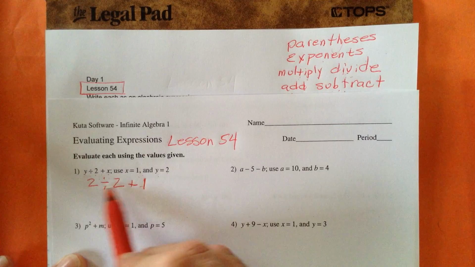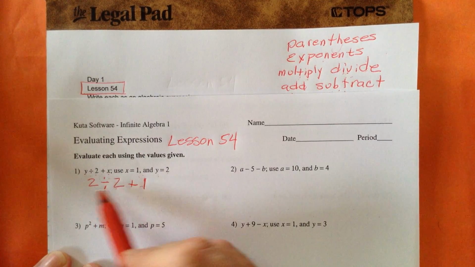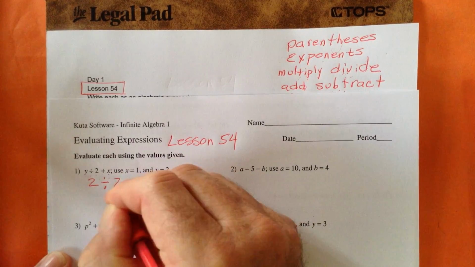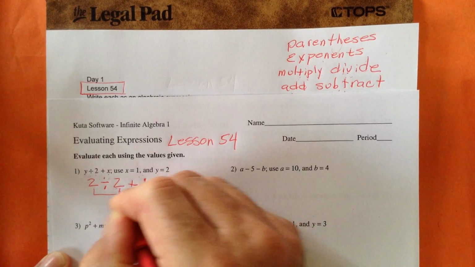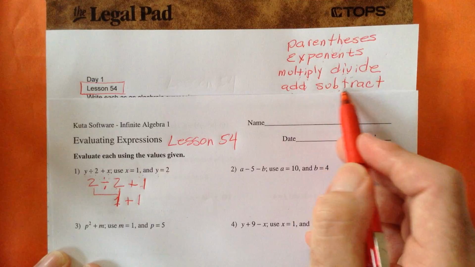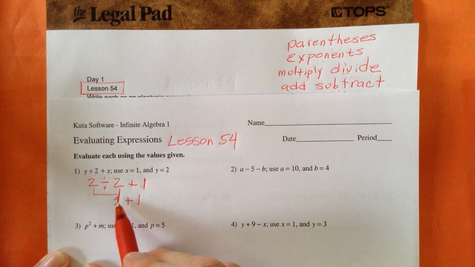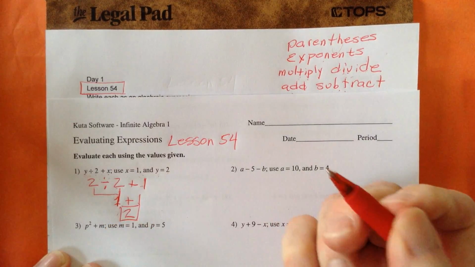Yes, we have this right here. So we go 2 divided by 2 first, which is 1. So this part first, that's 1, plus 1. Then adding and subtracting, I have the adding left, so 1 plus 1 would be 2. That would be the answer.